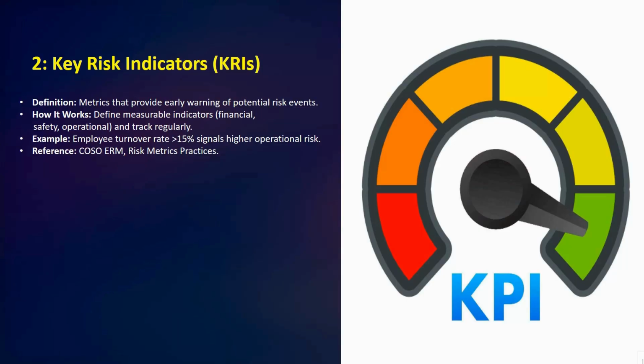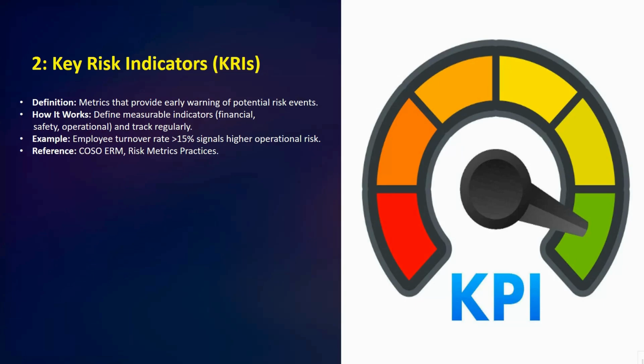Here we have the definition: metrics that provide early warning of potential risk events. How it works: define measurable indicators, financial, safety, operational, and track regularly. These indicators define a specific metric linked to key risk areas.